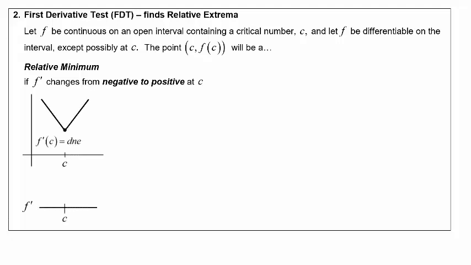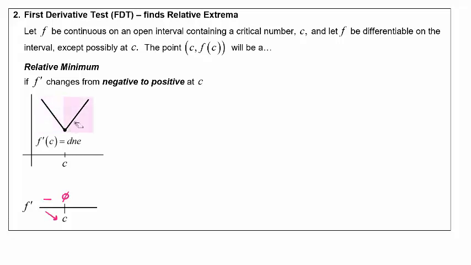Let's take a look at this graph here. We know that f prime of c does not exist because of that sharp turn there, which means c is a critical number. So on the sign line graph for f prime, we know at x equals c, the derivative does not exist. Now, to the left of c, we look at the graph and see that it is decreasing. We know that means the derivative is negative, and we indicate that f is decreasing there.